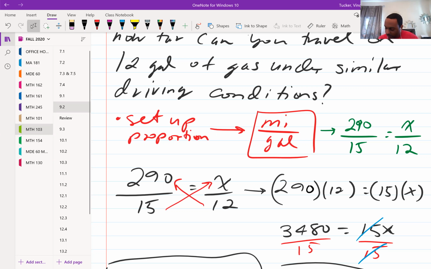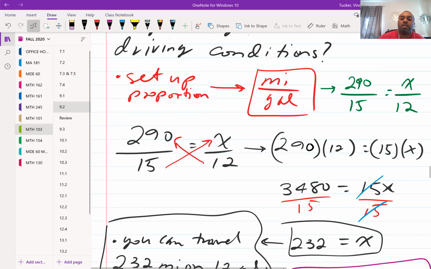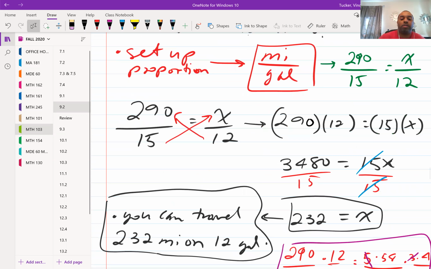Then you divide by 15, and that'll be 232. So you can travel 232 miles on 12 gallons of gas.